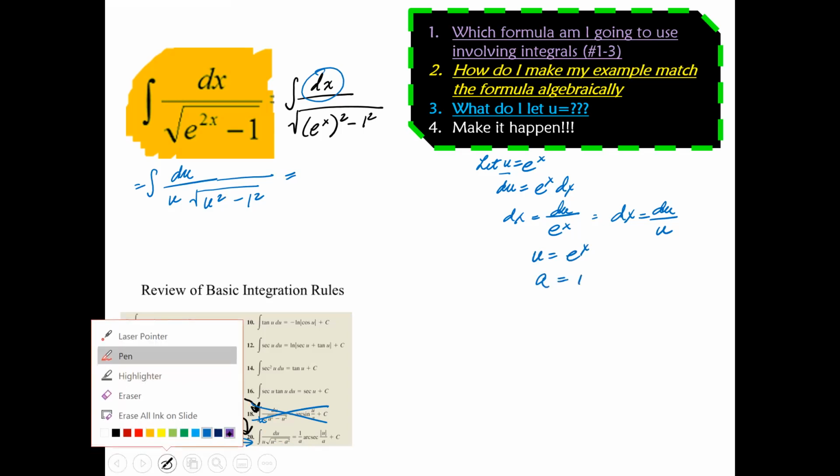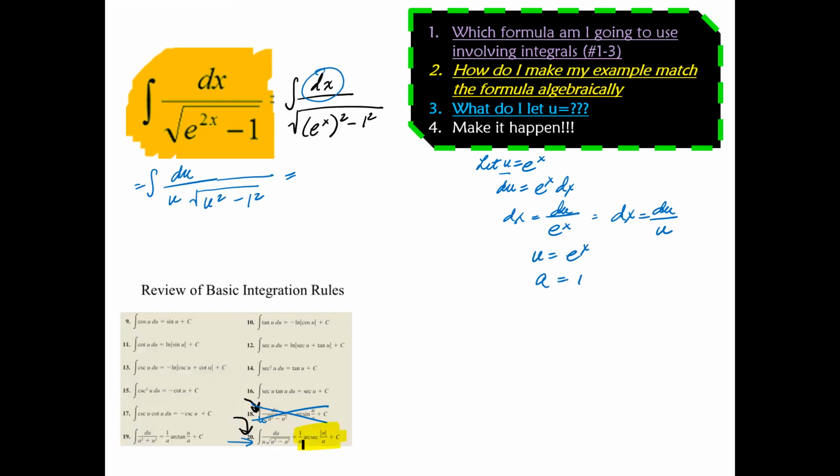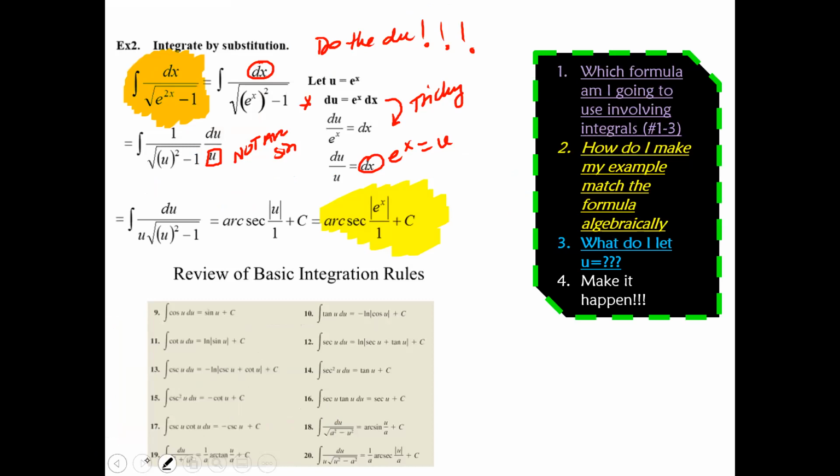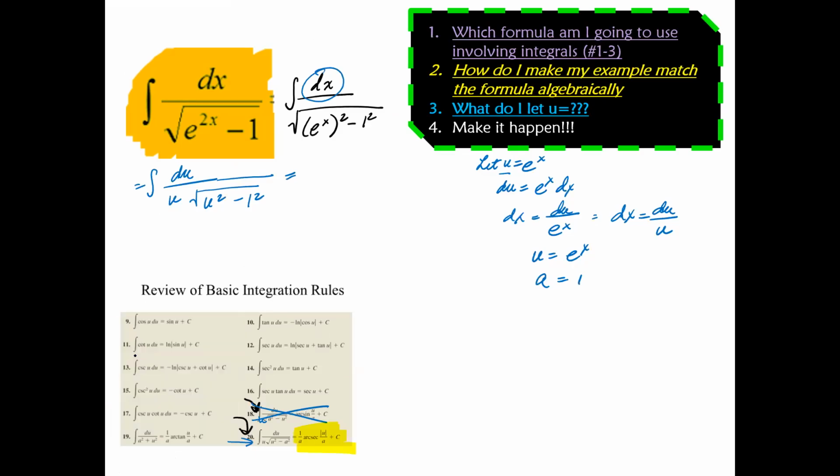So then let's just go ahead and fill out the rest of this equation, which is 1 over a arcsecant u over a plus c. So 1 over a is 1 over 1 arcsecant, absolute value of u, which is e to the x, over a plus c.